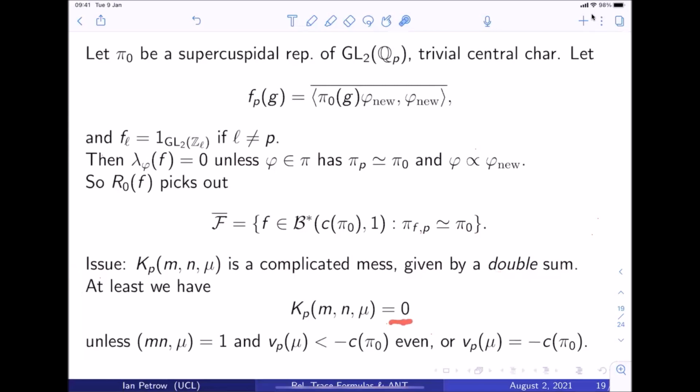So they're still 0 unless these m and n are away from this parameter mu. Remember, you should think of this mu as being like 1 over c squared, if c is the usual modulus of the Kloosterman sum in the classical situation. So we can at least understand the support of these Kloosterman sums.